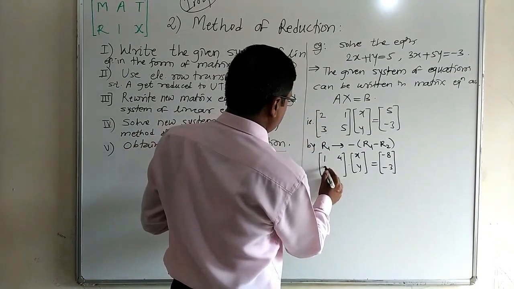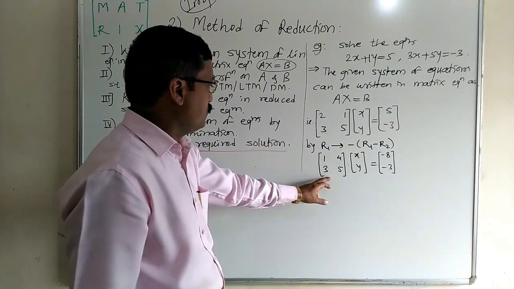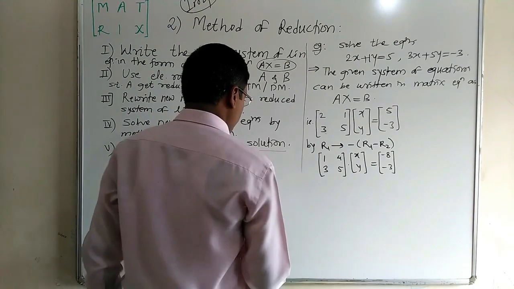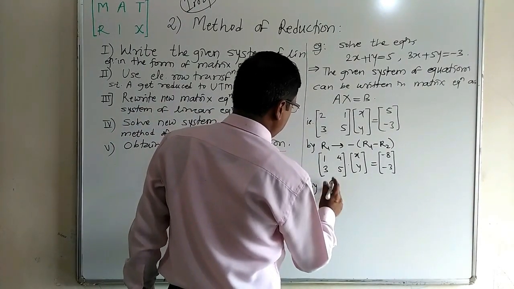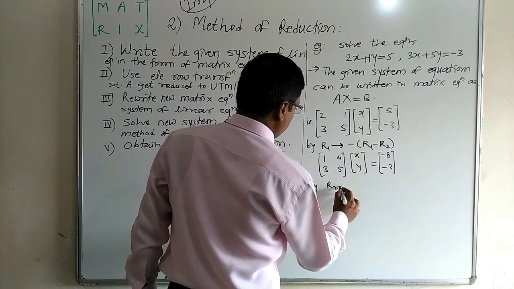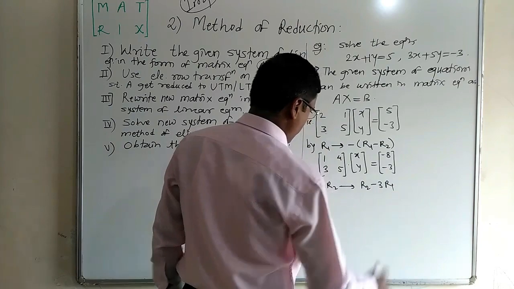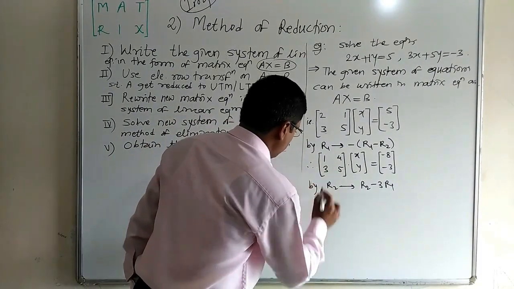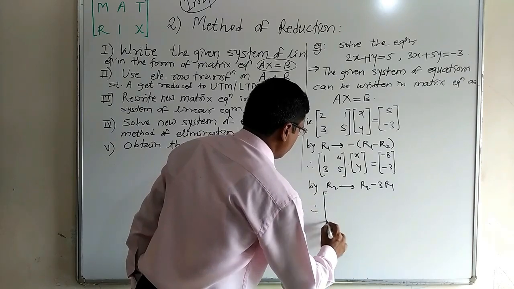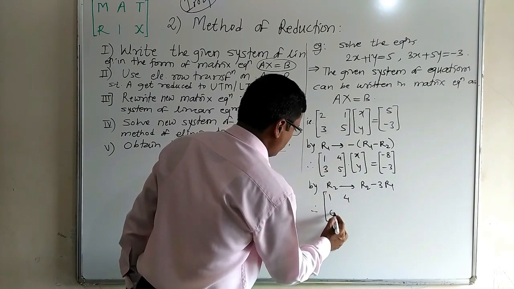Second row remains unchanged. Now we can easily reduce this 3 to 0 using this 1. So here the next step, by R2 changes such that R2 minus 3 times R1. 3 minus 3 will get 0. So therefore we get matrix equation as 1, 4. This minus 3 times is 0.